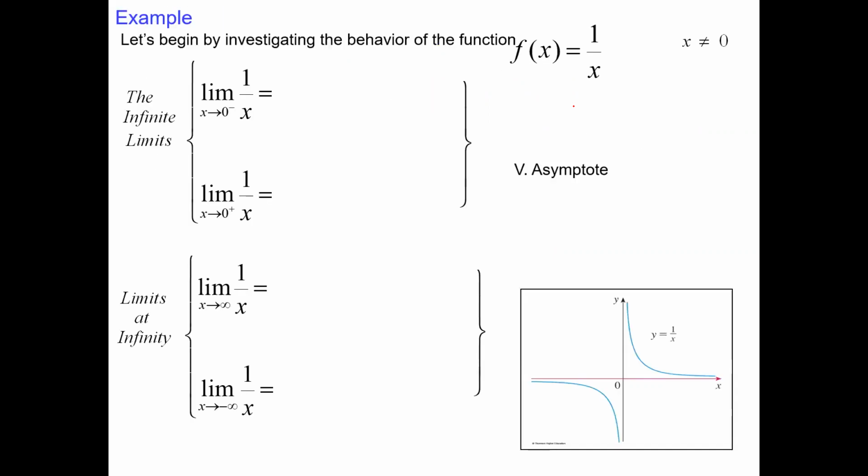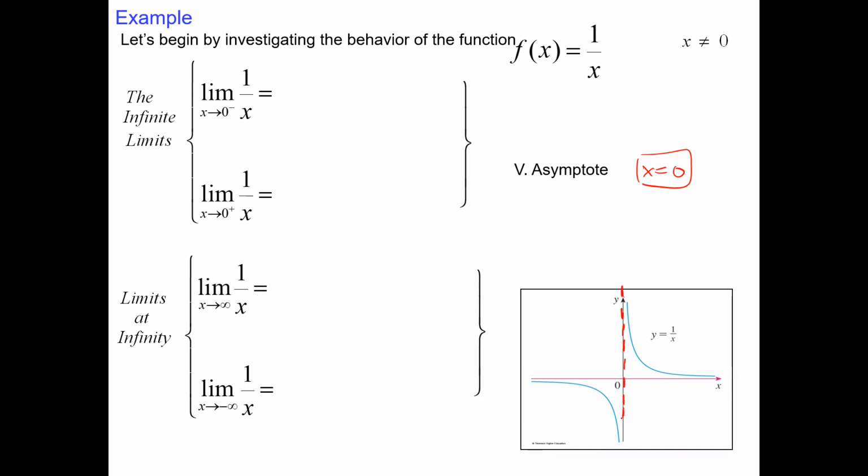One of the easiest rational functions is 1 over x, a hyperbola in the first and the third quadrant. We can see the graph in the corner. And looking at the graph, we can see right away a vertical asymptote. We know this. It's 0 because, first of all, 0 is not in the domain.